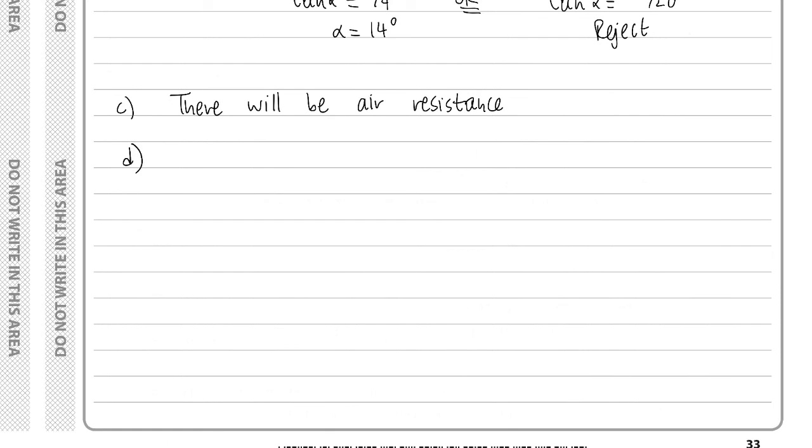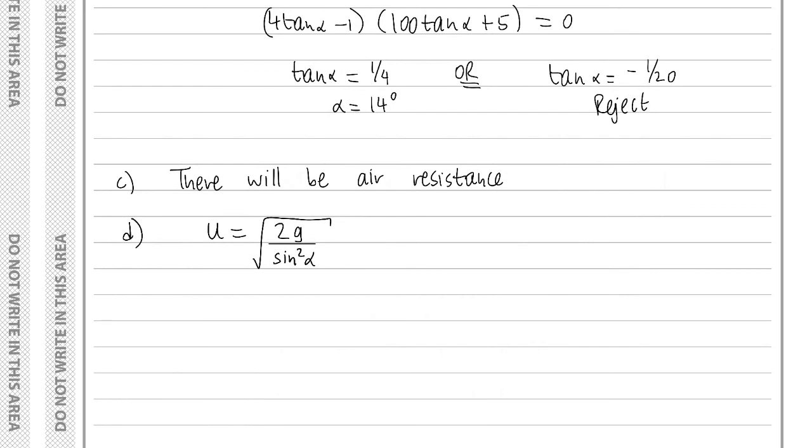We knew from part A that u squared is 2g over sine squared alpha, so u is the root of 2g over sine squared alpha. And we've got the value of tan alpha.